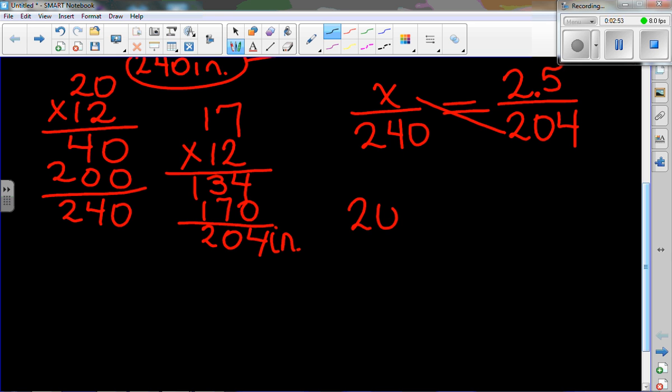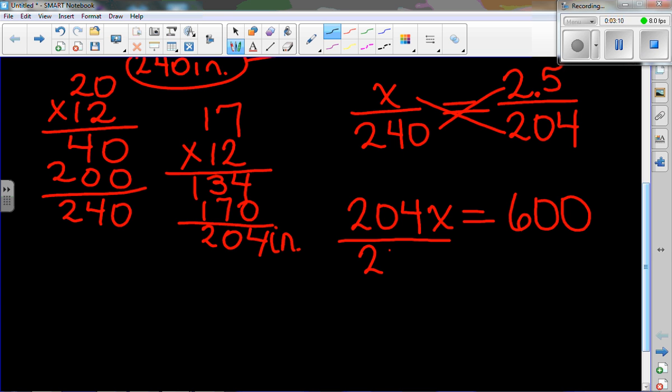So 204x equals 240 times 2.5, which is 600. Now, divide. We have to get x by itself, so we have to undo the multiplication that goes along with x, and we do that by dividing.